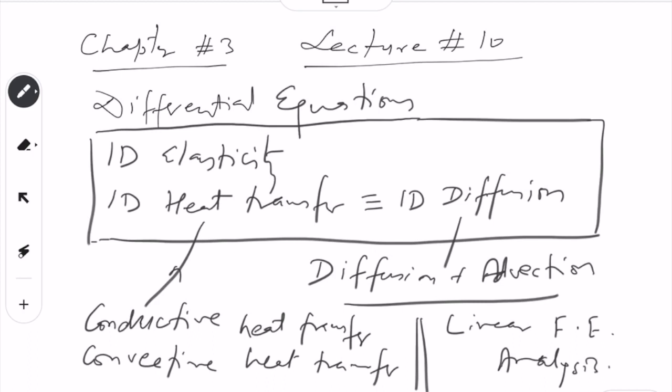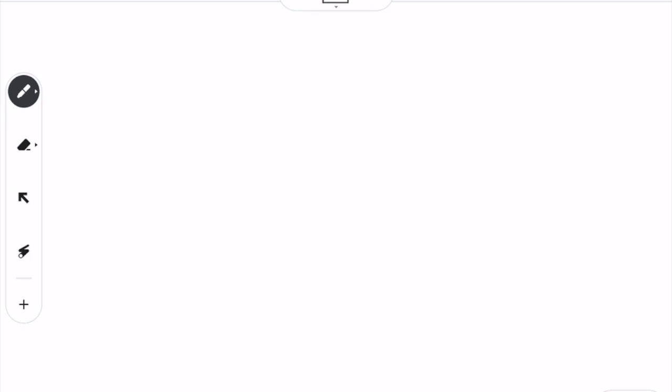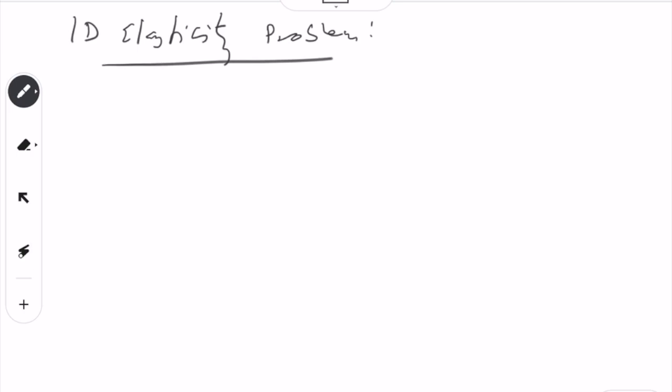Okay. So let us see the 1D elasticity problem. Okay, so this is a 1D elasticity problem. Okay, and what we are going to do is we will solve this kind of problem.